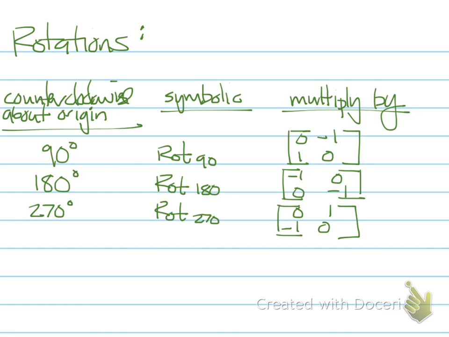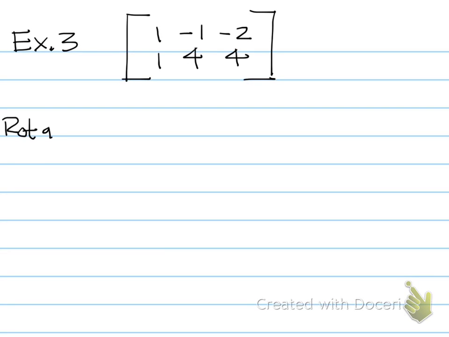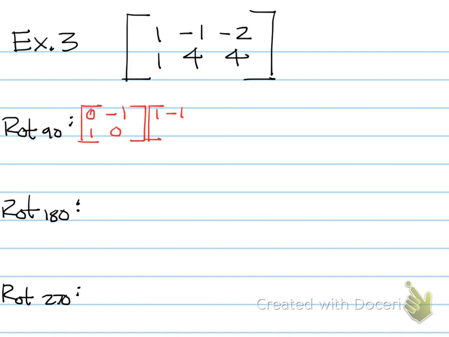For a 180-degree rotation, negative 1, 0, 0, negative 1. And then for a 270-degree counterclockwise rotation, 0, negative 1, 1, 0. So the same vertex matrix as our pre-image, we're going to rotate it 90 degrees, 180, and 270 degrees counterclockwise.